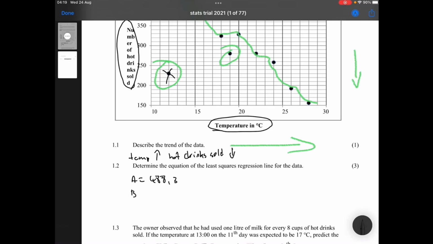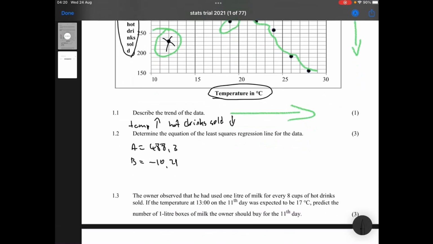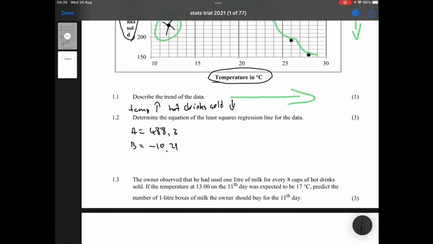And then we have B being equal to minus 10.21, right? So our equation will be Y equals minus 10.21x plus 488.3, and that's our equation for the least squares regression line for the data.